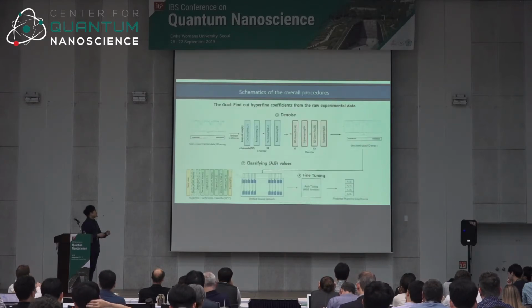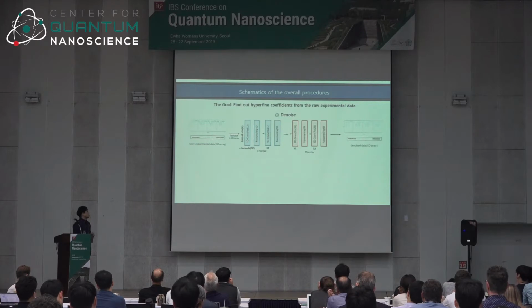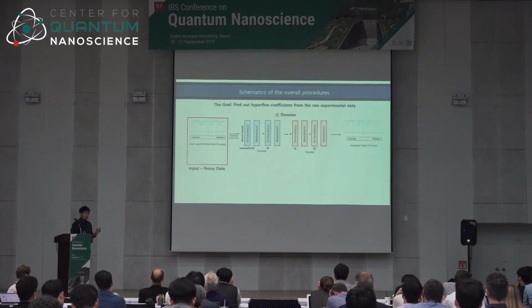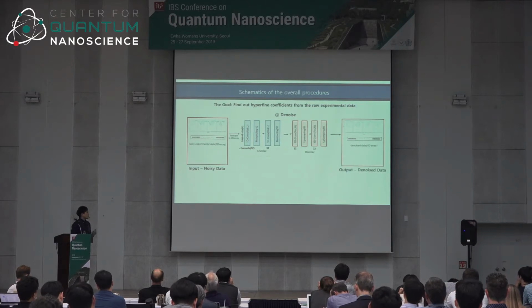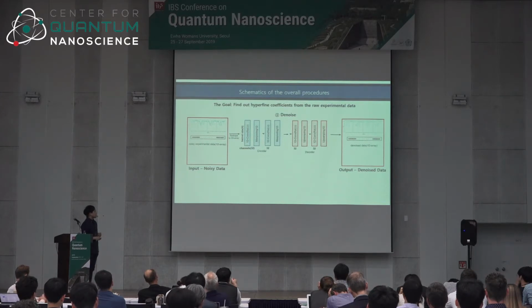This is our scheme of the whole procedure. Let me start with the schematics of the overall procedure. You can see the first is denoising, and the second is classifying A, B values. For the denoise part, we use the noisy data as input and the denoised data as output. These data all come from simulated data using the theoretical equations, as you've seen in the previous slides.